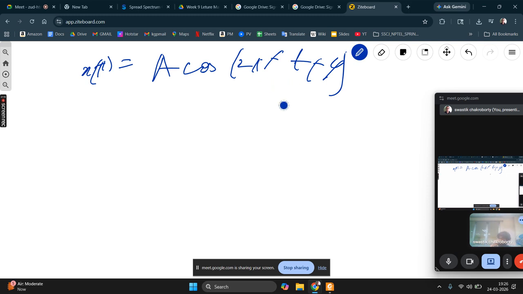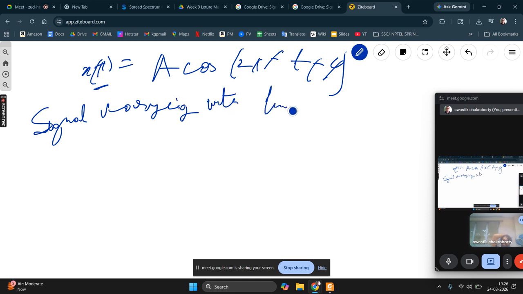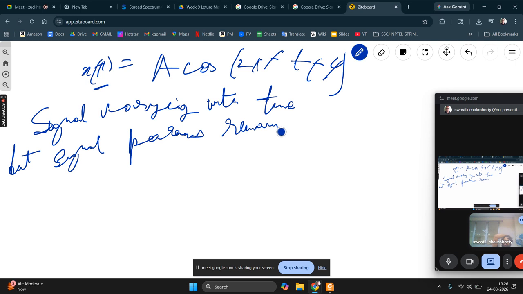Here you knew that even if the signal itself is varying with time, the parameters of the signal are static. Signal varying with time, but signal parameters remain constant.